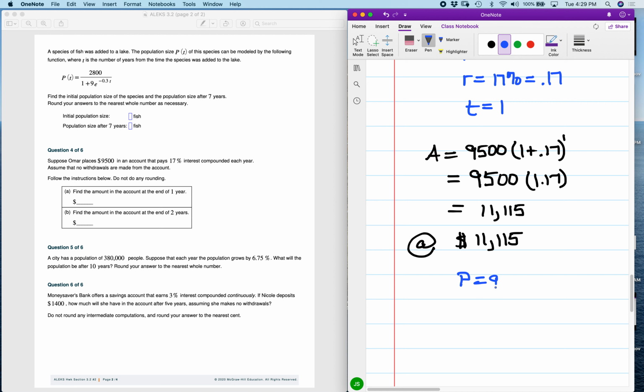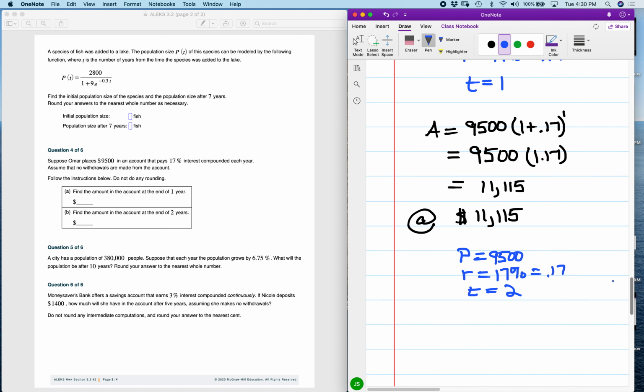Now, in the crossover to part B, we still had the principal at 9,500. Again, R is going to be 0.17 from the 17%. Now the time span is going to be 2 years.